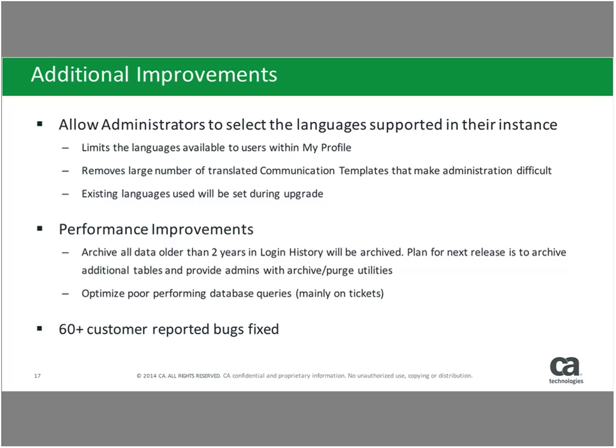So the admin now has the ability to restrict the number of languages that are available to your users. Number one, the first thing it does is limit that drop down in My Profile. Today on My Profile, every user within every customer instance has the ability to select any of our supported languages. If you don't support those languages in your organization or specifically don't want to, this limits those languages.